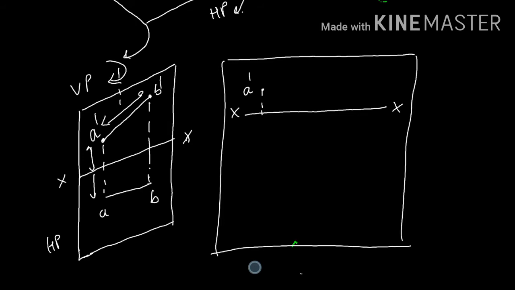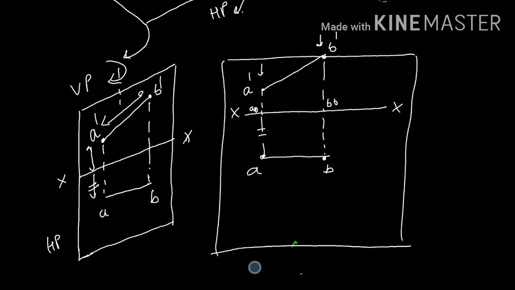So this is B dash. From B dash draw lines to the intersection line, A0, B0, and whatever the distance, mark it over here. If you look from the top, A and B would be here. This is my projection in HP. So this is your answer.